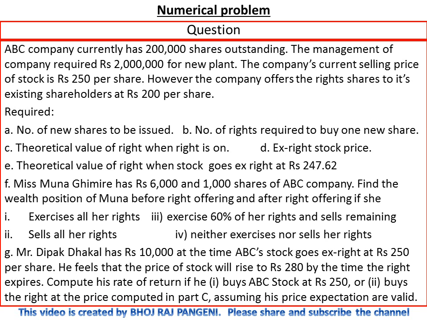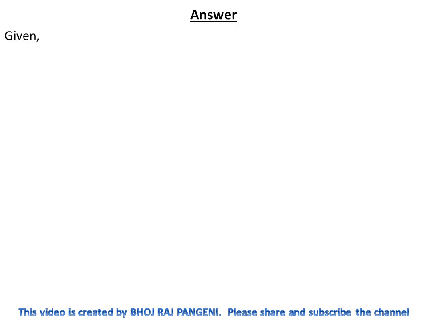That is dealt with in problem G, and the wealth position problem is dealt with in problem F. Now first of all you have to write the given information as far as possible.